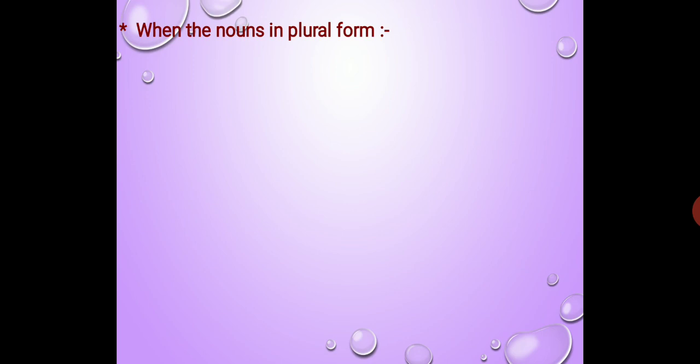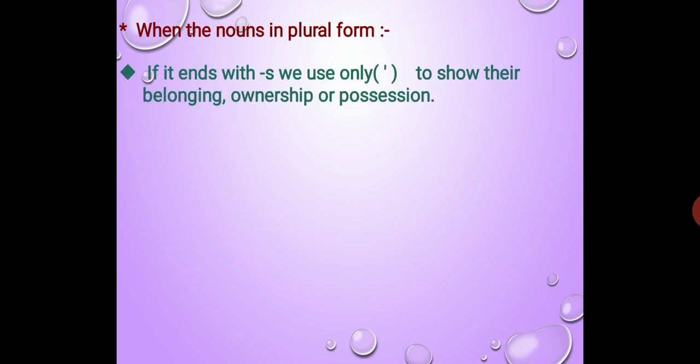The another rule is when the noun is in a plural form. So the first possibility of the plural noun is if it ends with s, we use only apostrophe to show their belonging, ownership or possession.